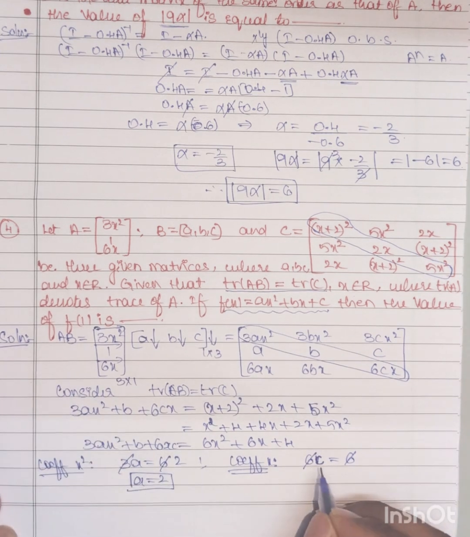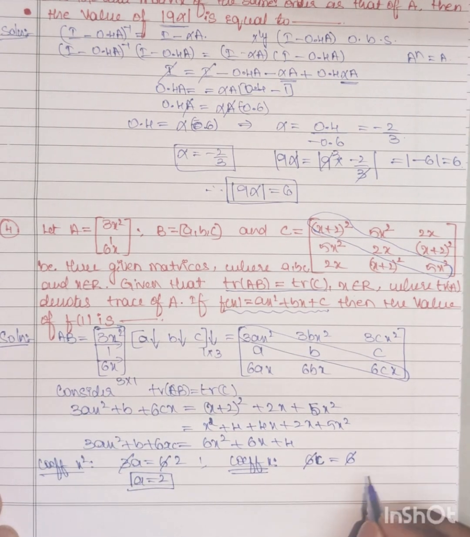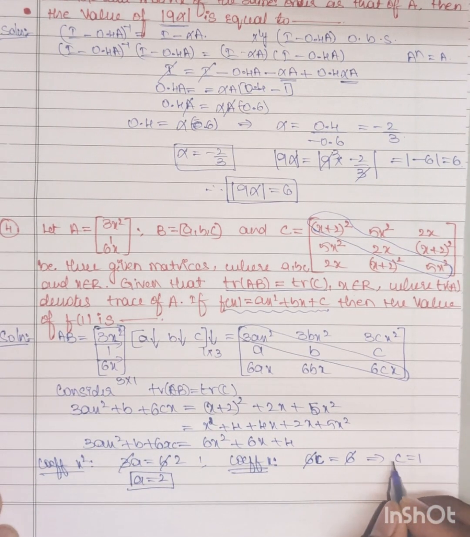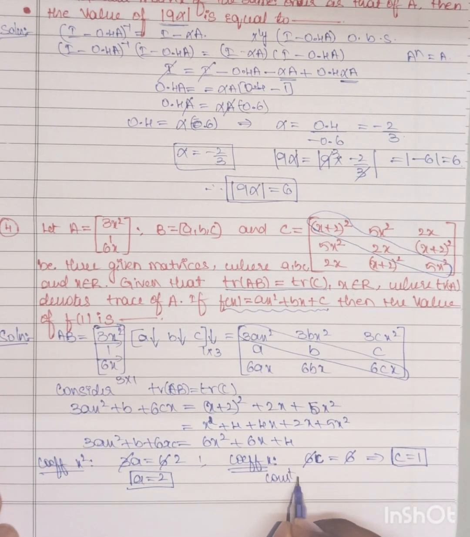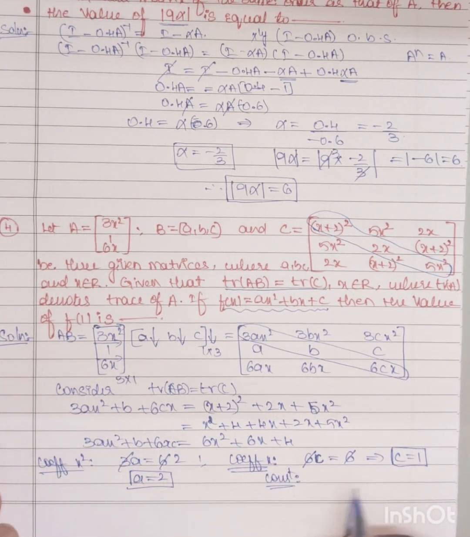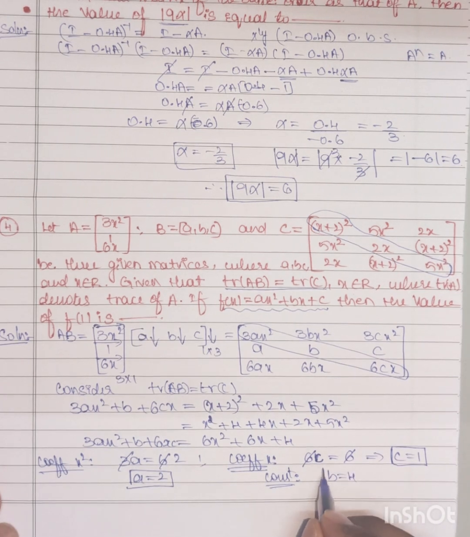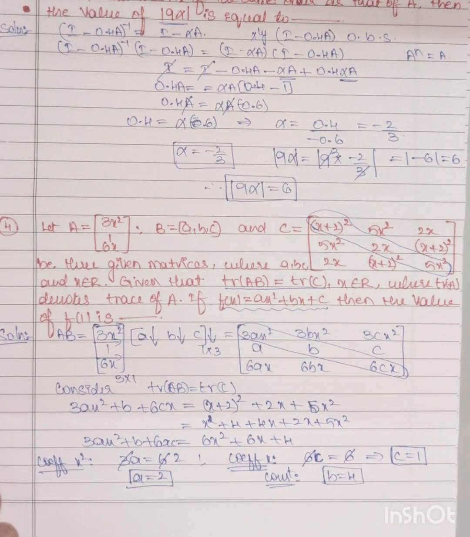On both sides, 6 and 6 can be cancelled, so we obtain the value of c as 1. And now compare the constant terms on both sides: b is equal to 4. So directly we can say that the value of b is equal to 4.